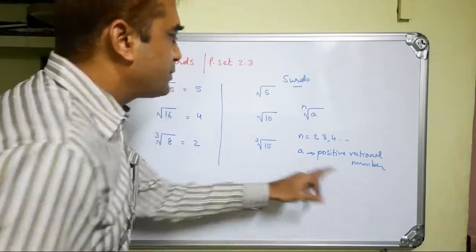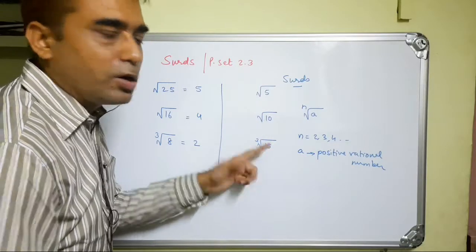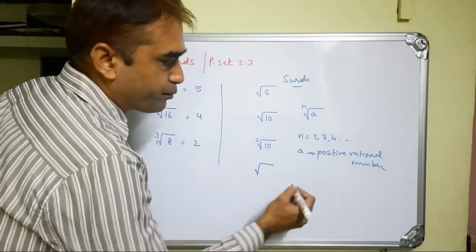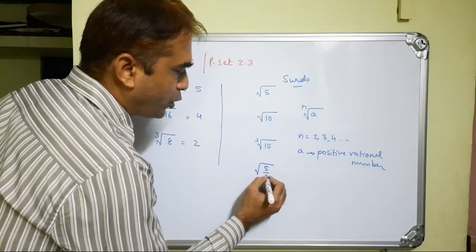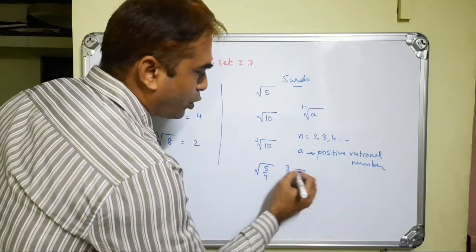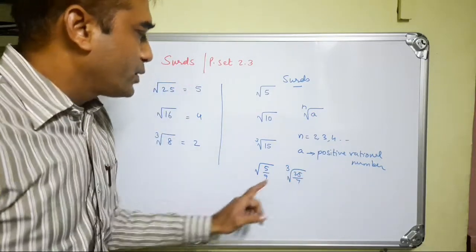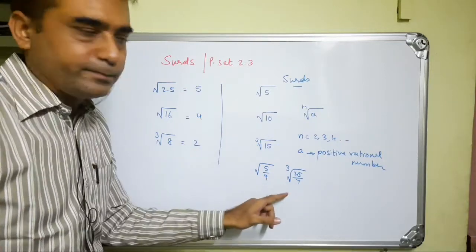So a may be a natural number, or it may be a fraction, that is square root of 5 upon 9 or cube root of 25 upon 7.